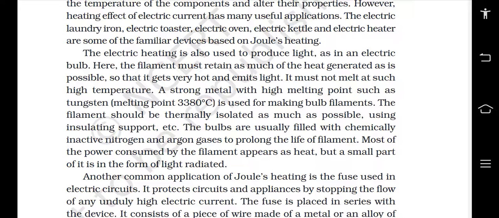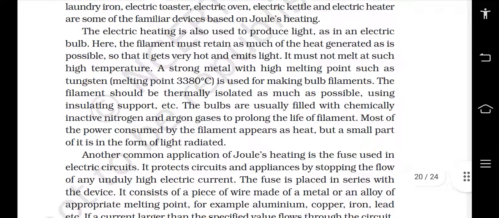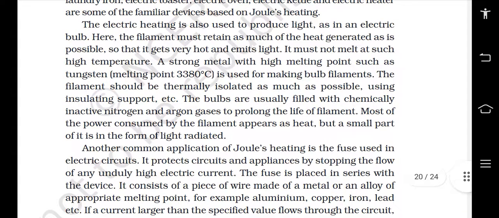Okay, the filament type of bulb. In this case, they are telling that a high melting point is needed. Tungsten's melting point is 3380 degrees Celsius. That means a high melting point, so at a low temperature it won't melt.